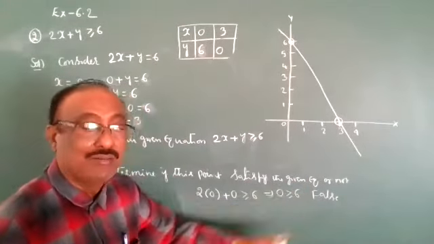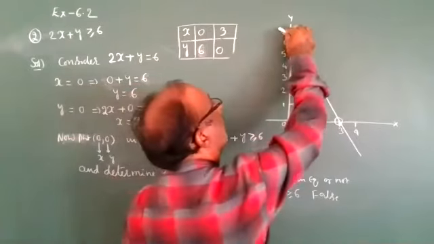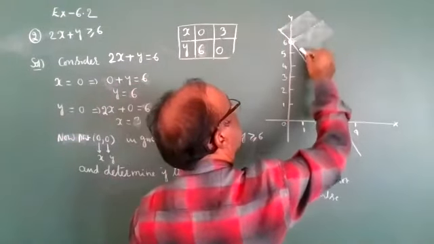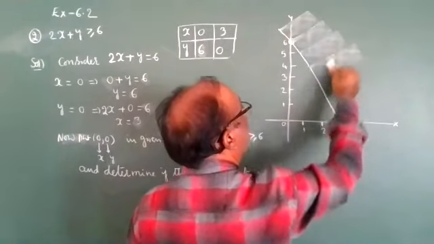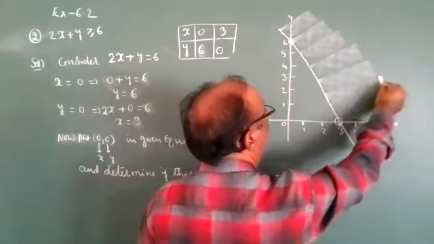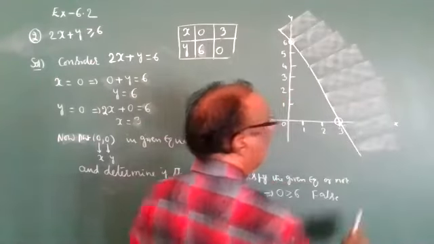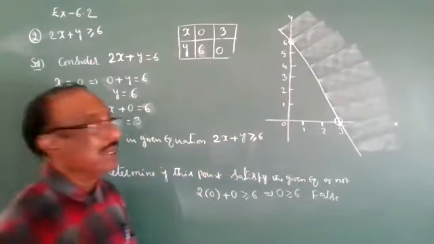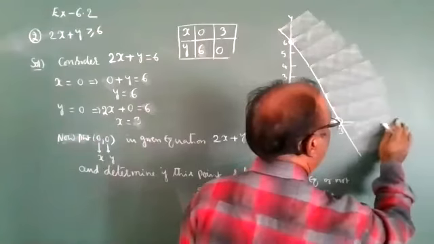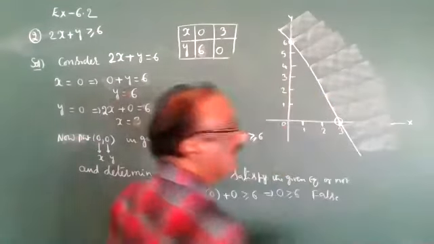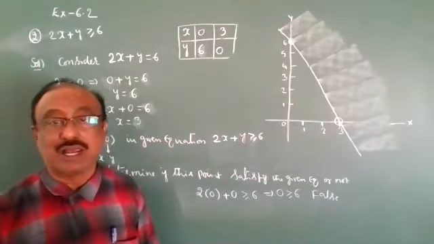Now, false or true? See, false. False means draw the graph upside.